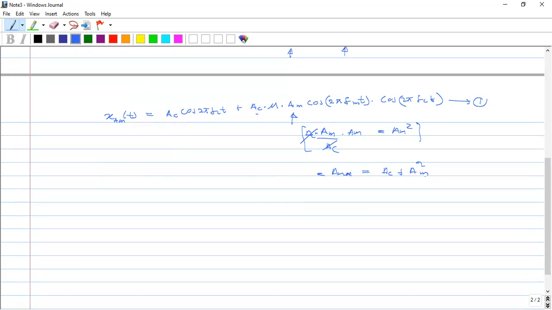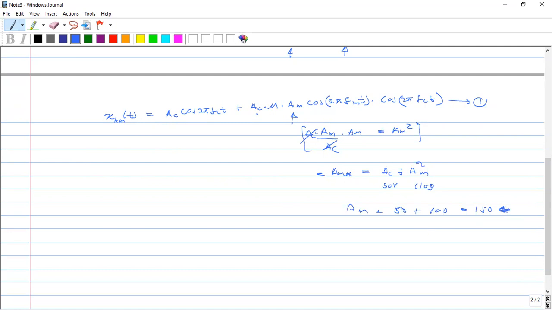If I get the modulated signal, I will get the maximum as AC plus AM square. For example, here AC is 50 volt and AM is 10 volt. So AC plus AM square gives 50 plus 100, I will get 150. In the next session you can view this in a MATLAB program.